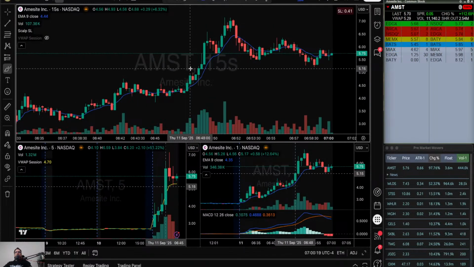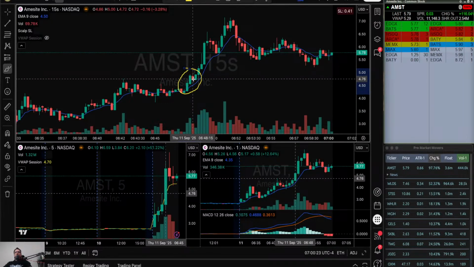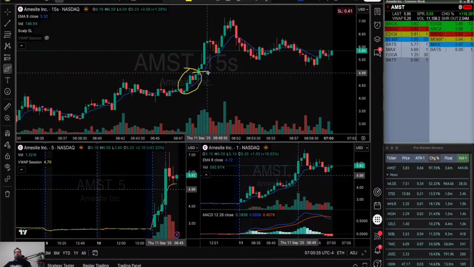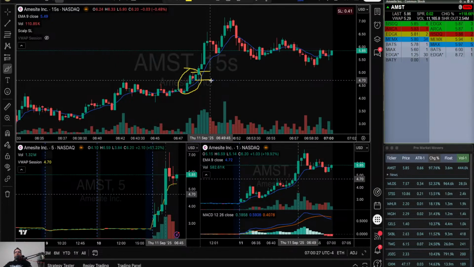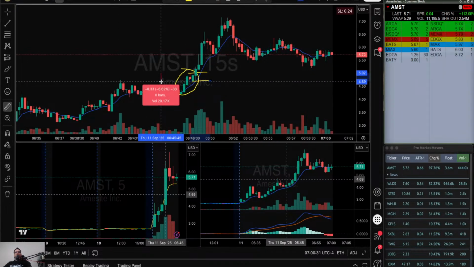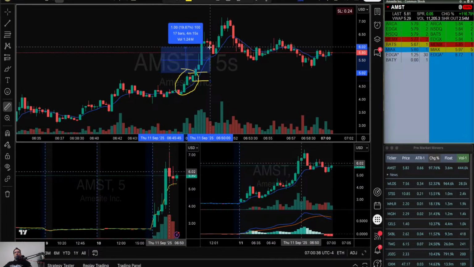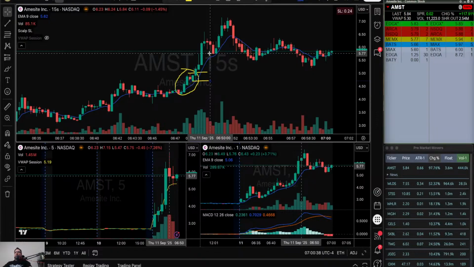And the reason for it, this area right here, is because you had a micro pullback right there. If you get in on the break of that micro pullback, your stop's down here. So that was roughly about a 30-cent stop, and you were able to net around $1 on that move. That was pretty decent.